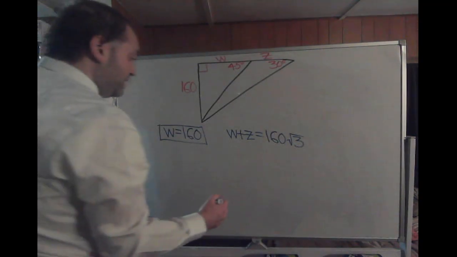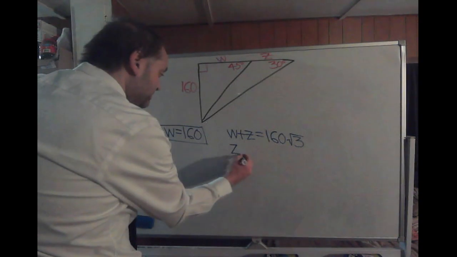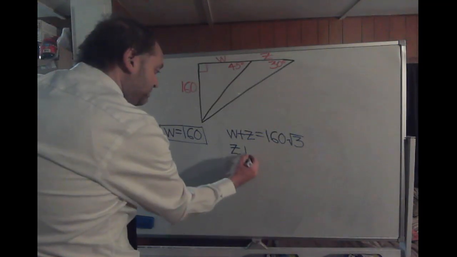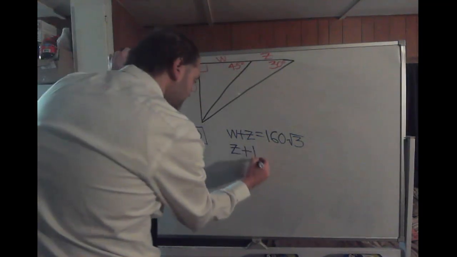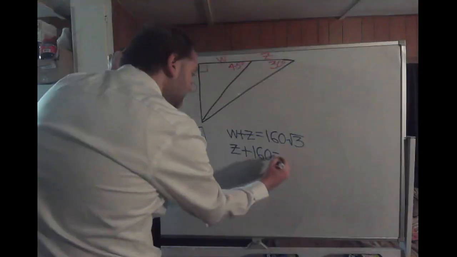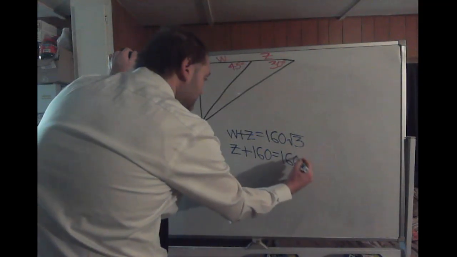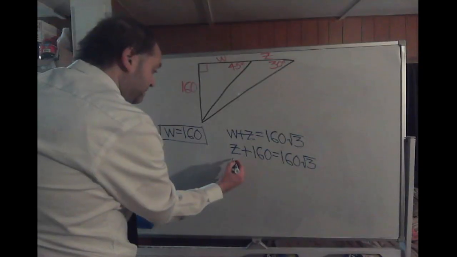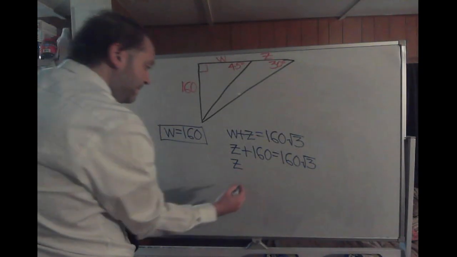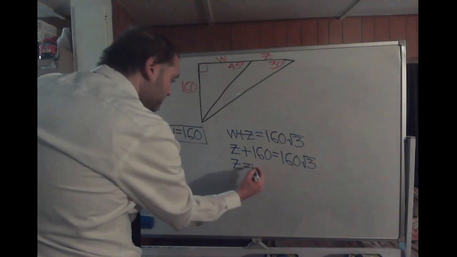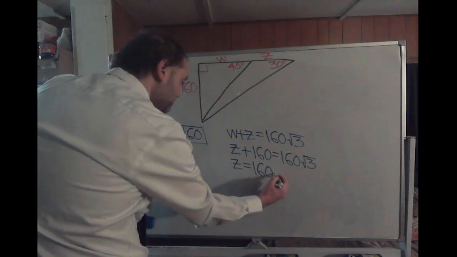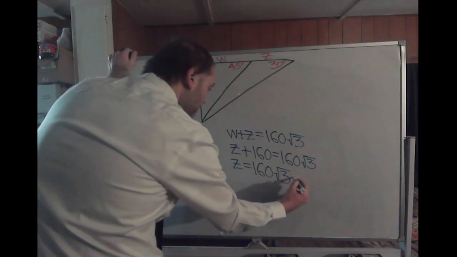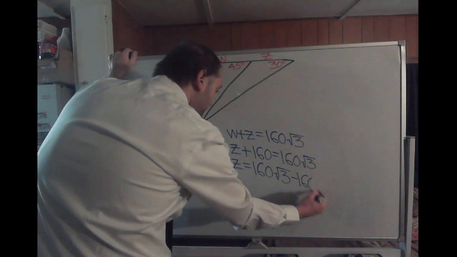At this point, we can just substitute these in to solve for Z. Z plus the value of W, which is 160, is equal to 160 times the square root of 3, which means Z equals 160 times the square root of 3 minus 160.